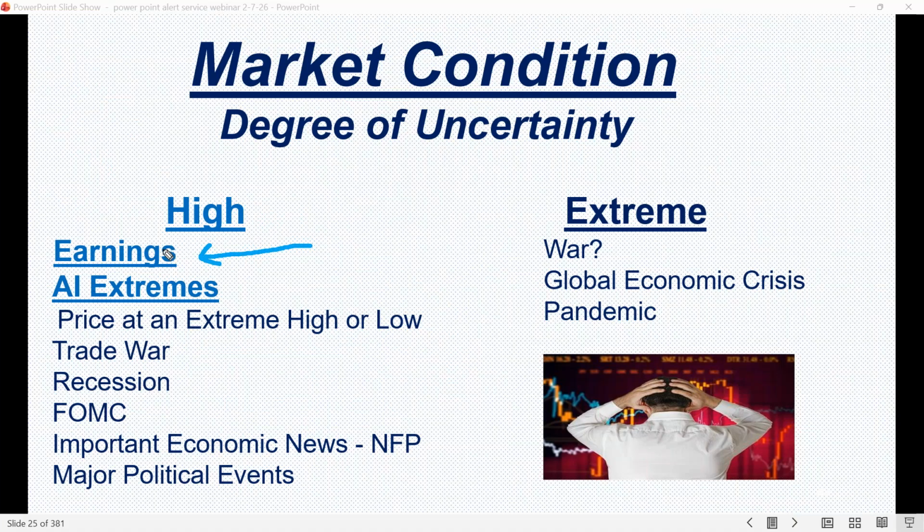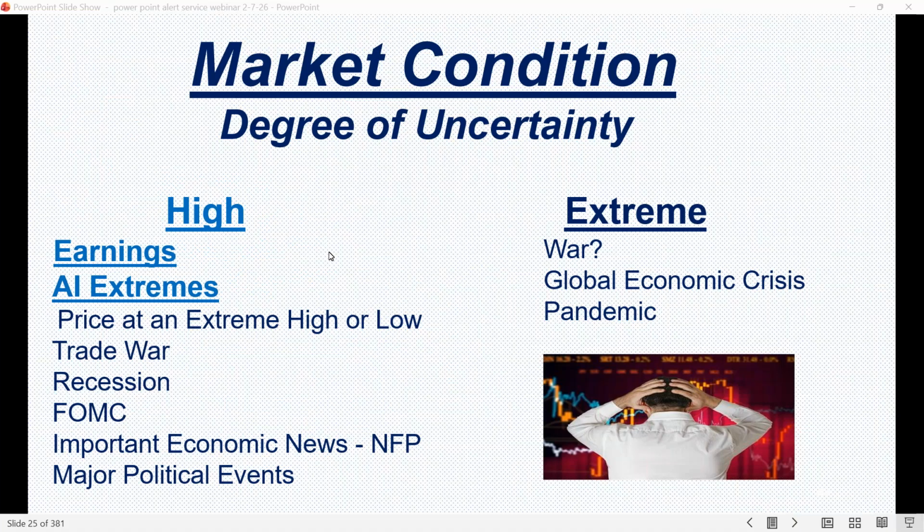A lot of these guys have had really stellar earnings, but maybe the guidance is a little less than what the market was looking for. And the other big thing was the CapEx spend has been increasing, which the market's been jittery about. So that's given us a high degree of uncertainty in those AI names. So right now, high uncertainty, and that's what you need to be aware of for trading.